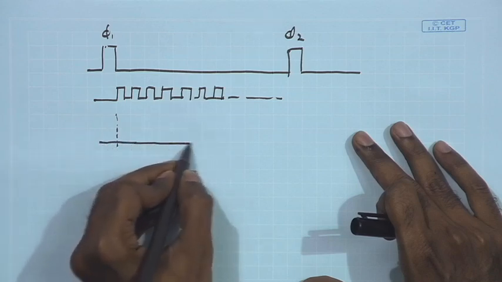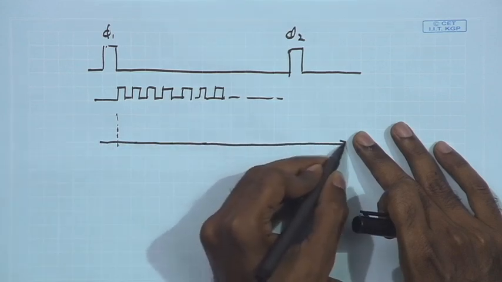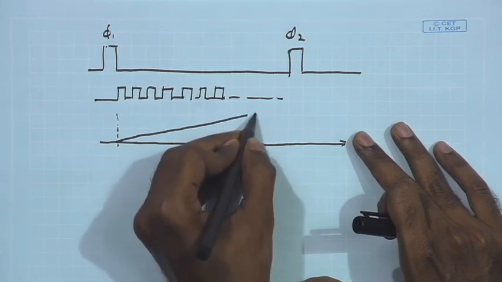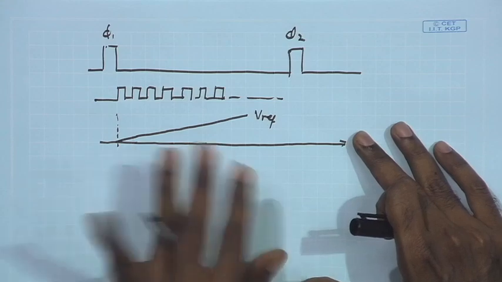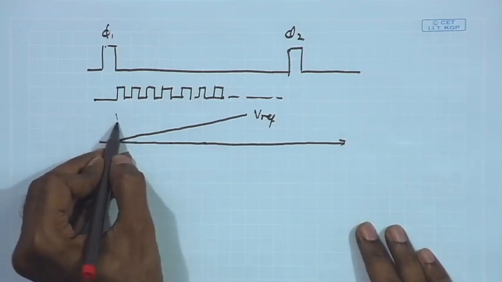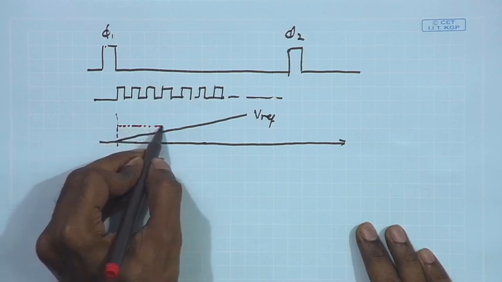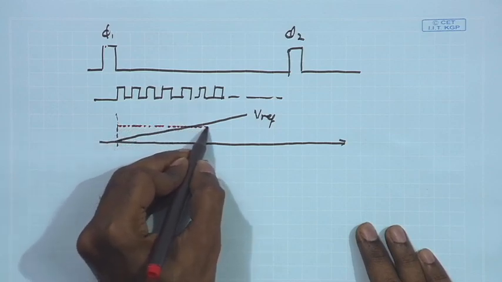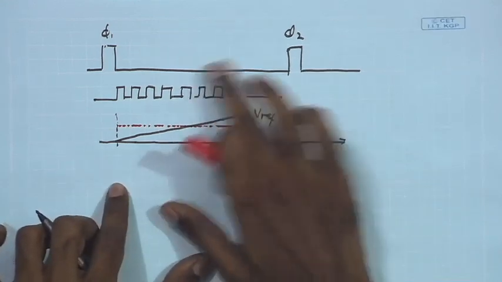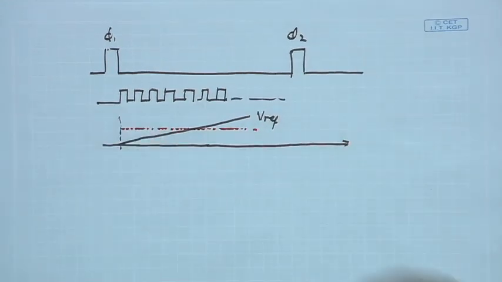So you will have the V ref, which is basically the voltage stored on the capacitor, also ramping up at the phi 1 phase.